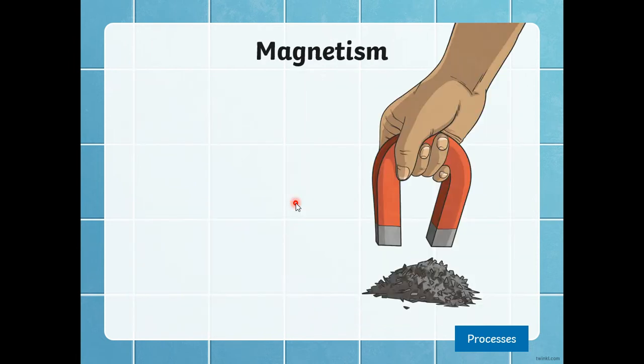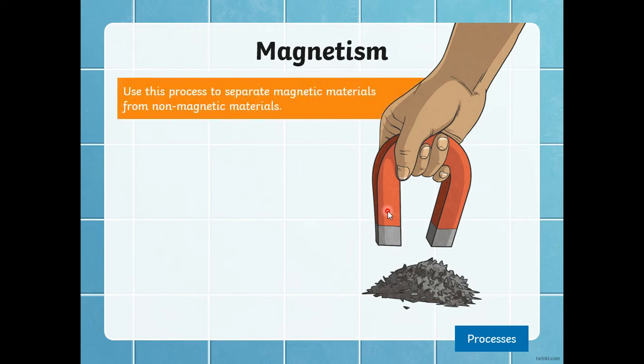Moving right along. Magnetism. With magnetism, obviously we're going to use a magnet, and we're going to take advantage of the attraction property of that magnet. We use this process to separate magnetic materials from non-magnetic materials.